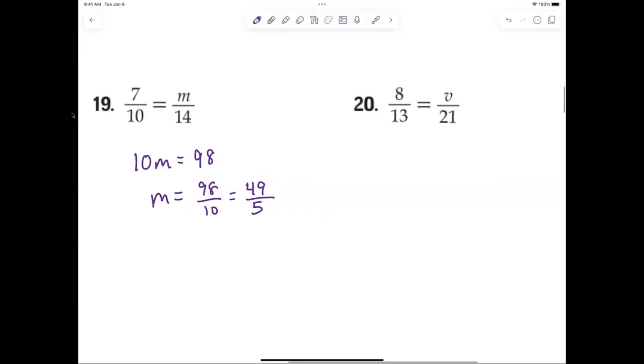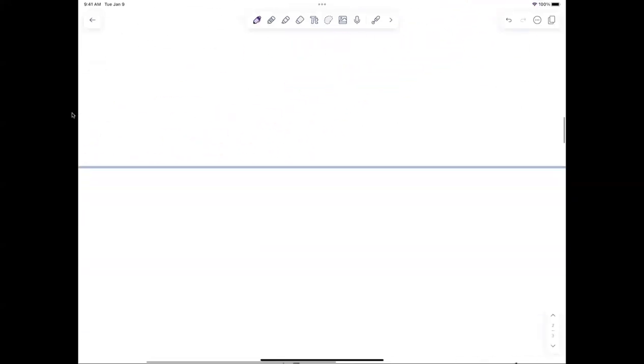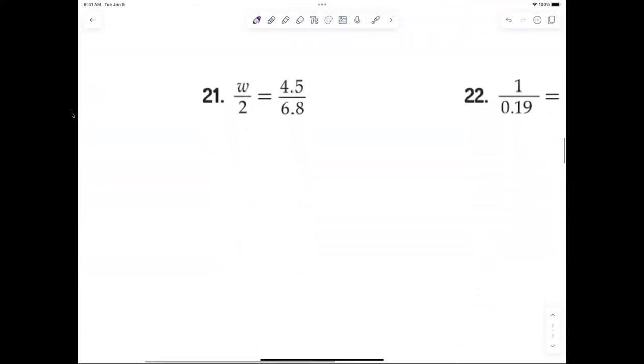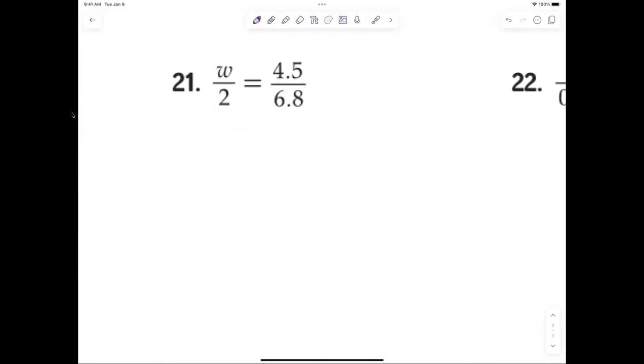All right, here we go. Let's look at 21. Now, do I really feel like doing 4.5 and 6.8? No. Times 10? That's my recommendation. w over 2 equals 45 over what? 68. That's just the best way to handle that.